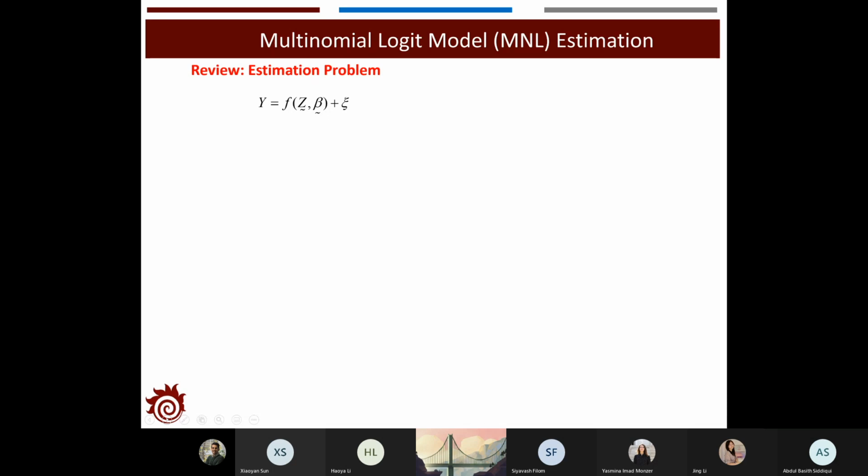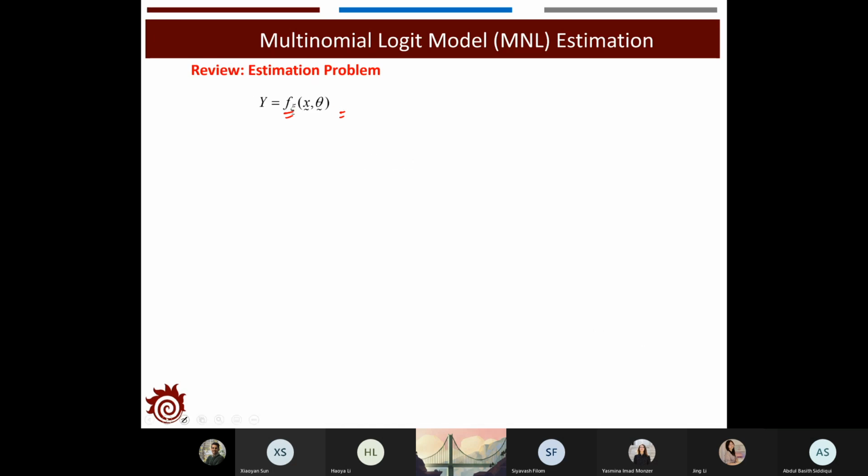For the estimation, we will first need to have a function f, so that the output y is a function of the input z and the parameter beta. Also, it has a random term.